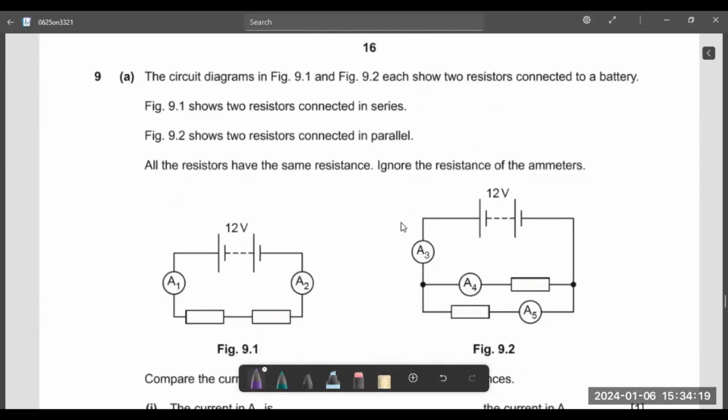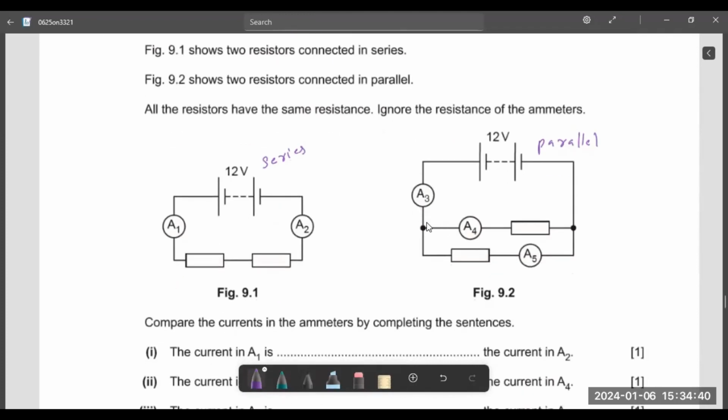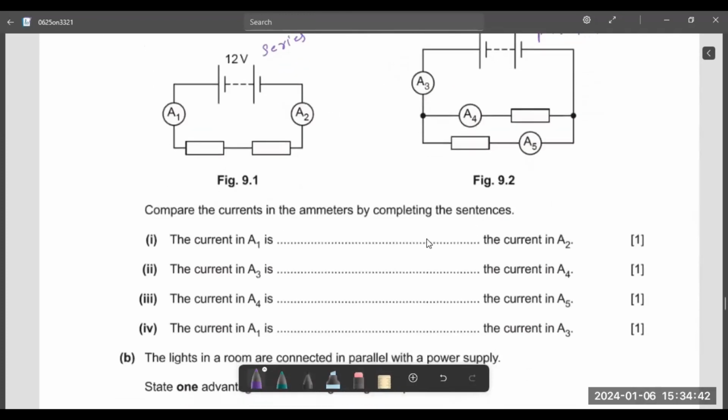Next, the circuit diagram in figures 9.1 and 9.2 shows two resistors connected to the battery. Here it is a series connection. This is connected in series and this is connected in parallel. All the resistors have the same resistance and the ammeters do not have any resistance value.